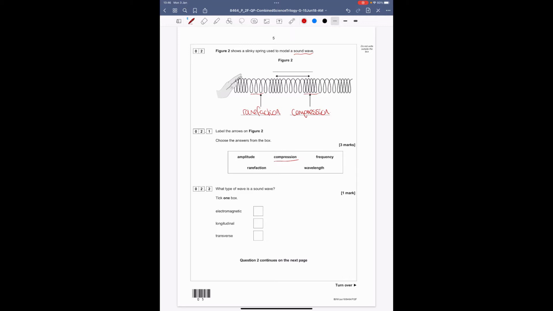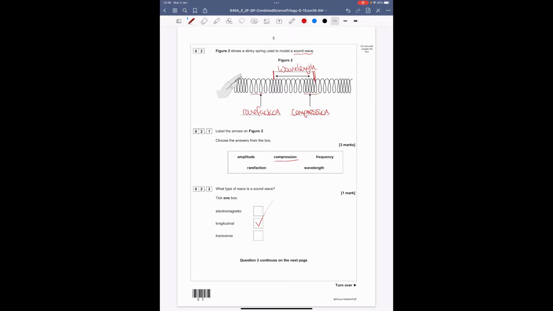Okay, compression and rarefaction. Now, the distance between one wave and another wave is called the wavelength. So those would be your 3 marks using the words from the box below. What type of wave is a sound wave? Well, what we've got here is an example of a longitudinal wave.